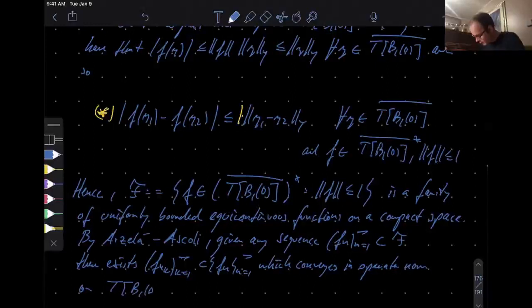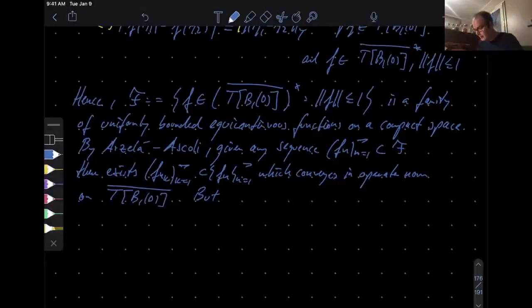So that is T of B1 image and then closure thereof. But now I claim you can immediately translate this into the right statement for the dual transformation.